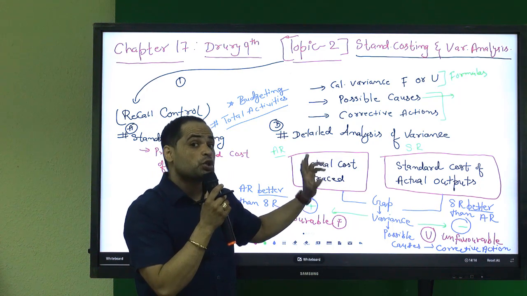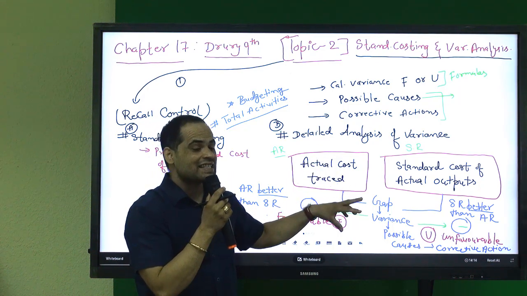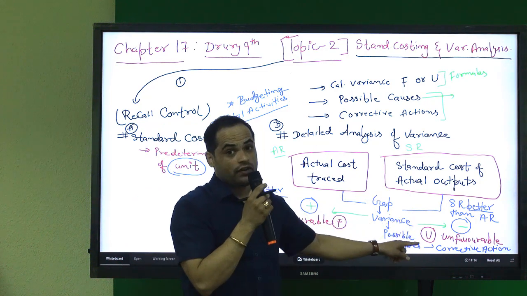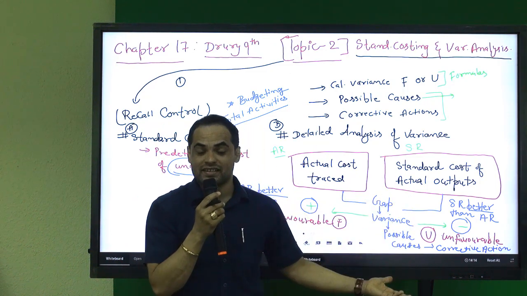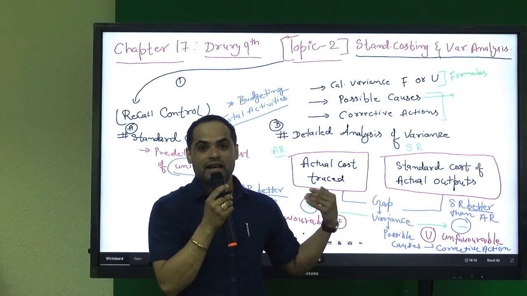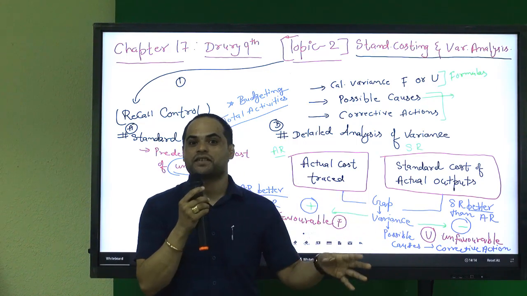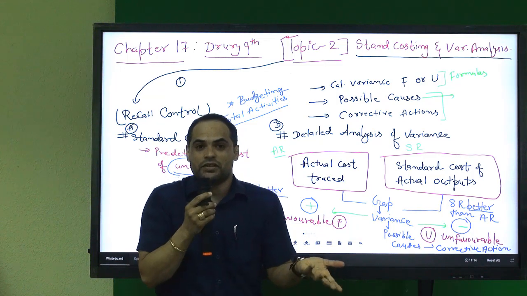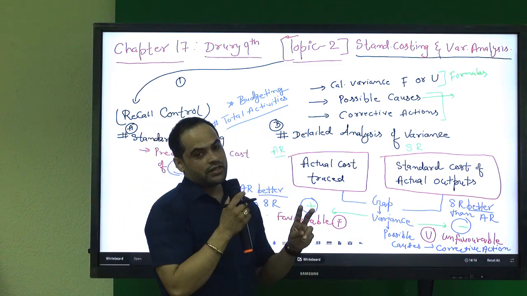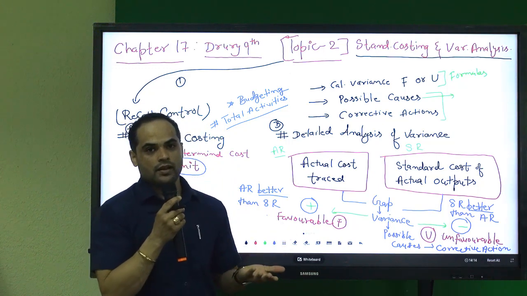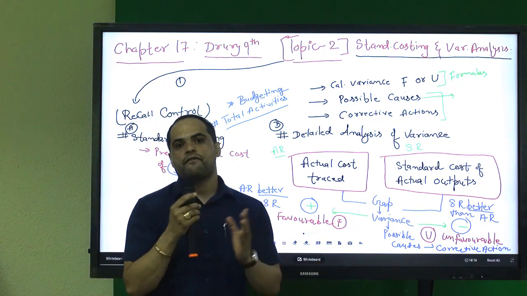So $2 is unfavorable, because my actual cost increased, which means my standard cost is better, which is the lower cost. So $2 is my unfavorable labor rate variance.